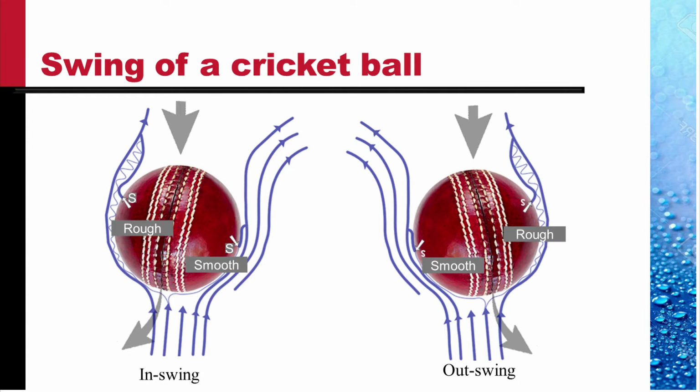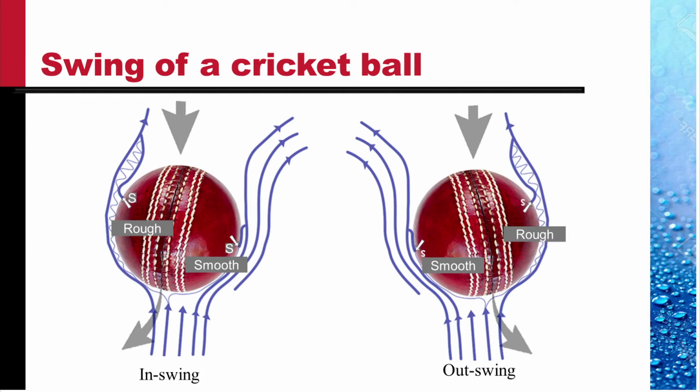And so now the net force on the ball is towards the right, and it is an outswing ball moving towards the off stump.